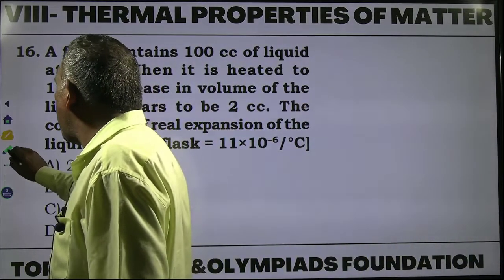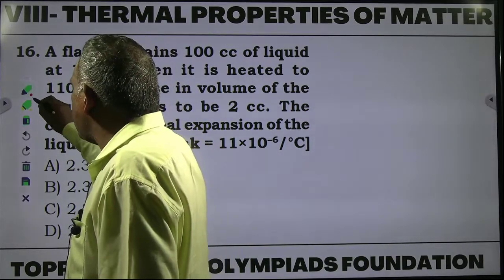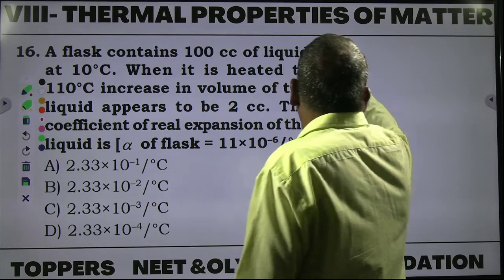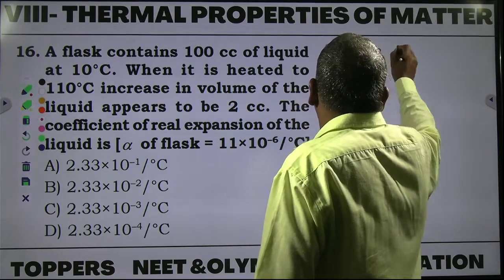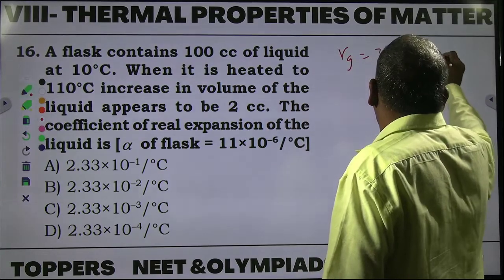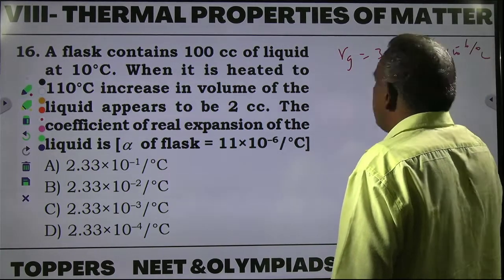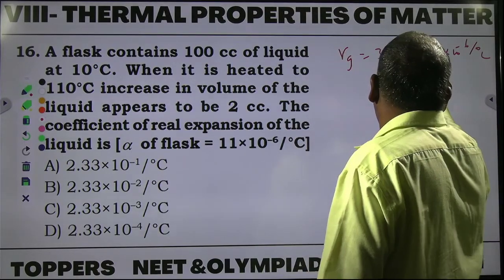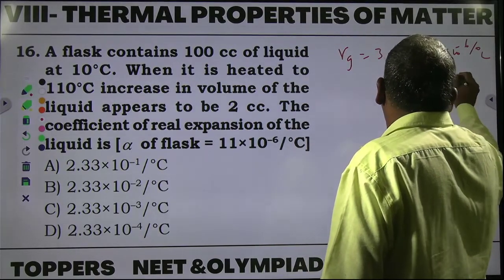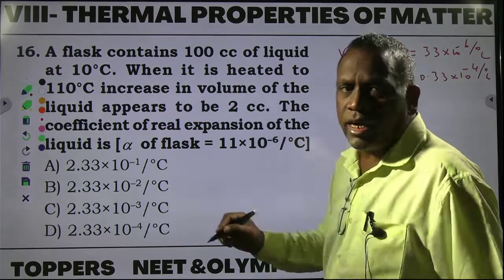If you know alpha, you can find gamma. Gamma g is equal to 3 alpha, here 11 is given, so 33 into 10 power minus 6 per degree centigrade. So that becomes 0.33 into 10 power minus 4 per degree centigrade. You can write like that.